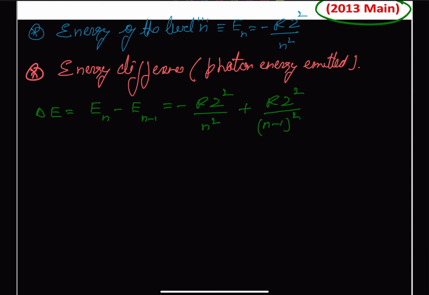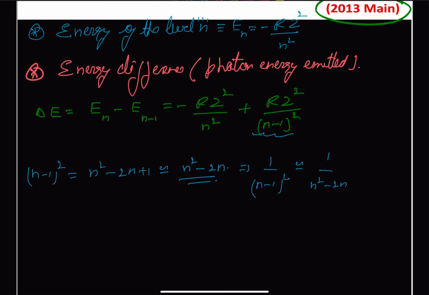Therefore, we are only interested in solving this part. So n minus 1 whole square, we can just open the bracket first. This will be equal to n square minus 2n plus 1, which is approximately equal to n square minus 2n. And it is in the denominator. So 1 upon n minus 1 whole square will be approximately equal to 1 upon n square minus 2n.